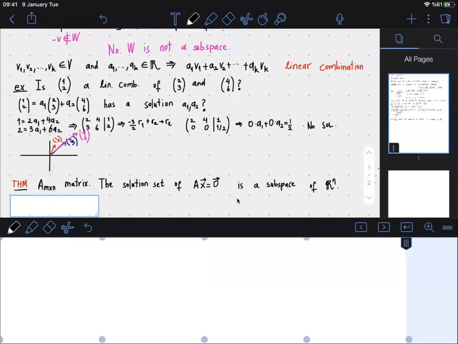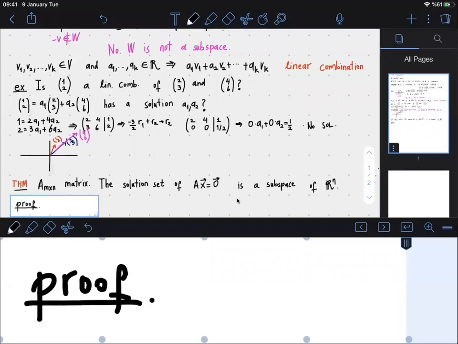So let's write the proof. Remember, to be a subspace, two conditions must be checked. First one is the sum of two vectors must remain in the same set. And the second one is the product of a vector and a scalar must remain in the same set for all possible combinations.